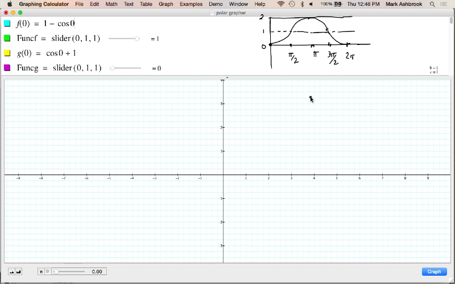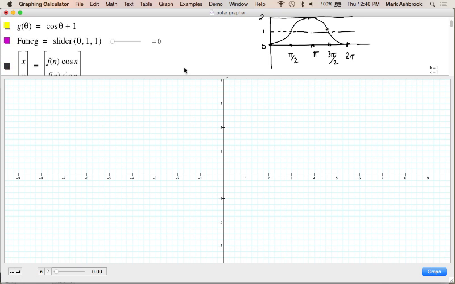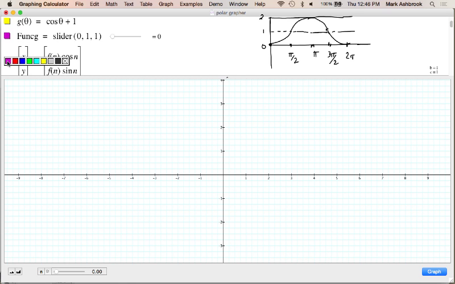Okay, did we get that? So did we have success graphing that? Hopefully. And so now we're going to use that to sketch our polar graph.